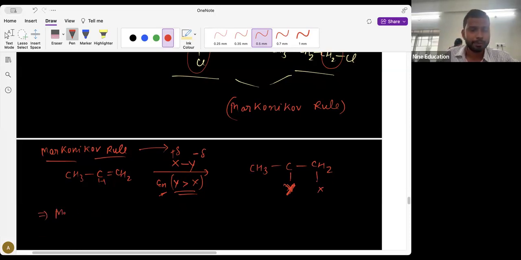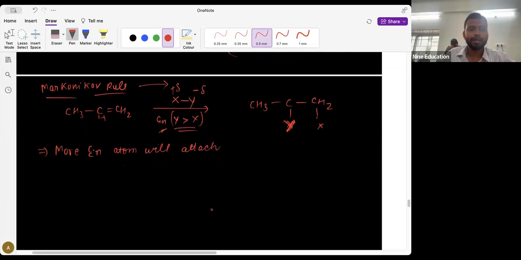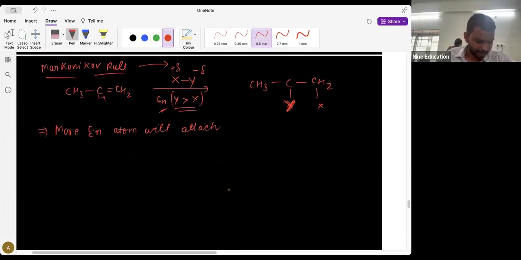So देखें यहाँ पर Markonikov told that the more electronegative atom will attach at more substituted side.